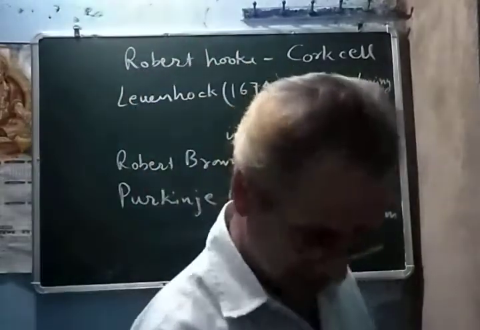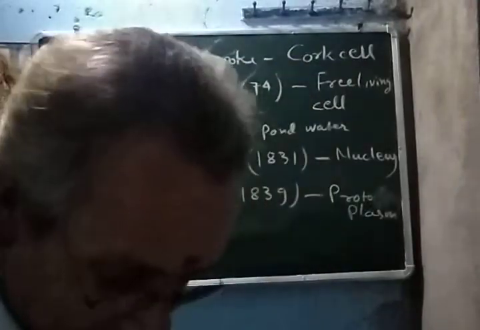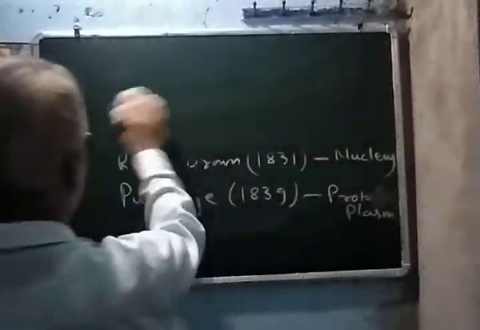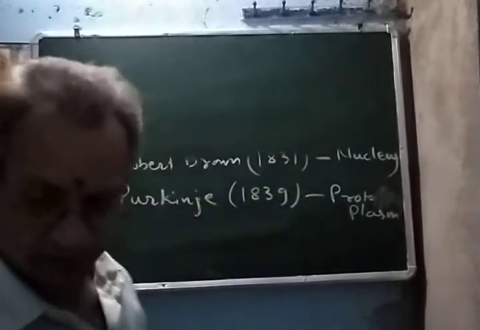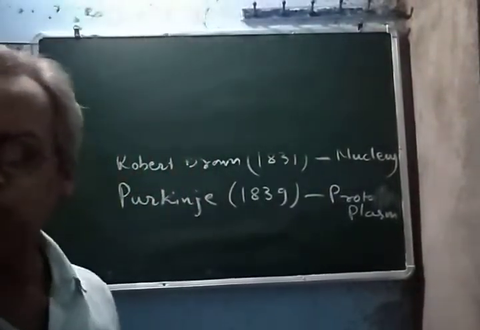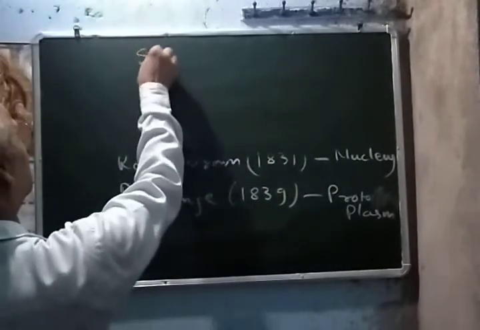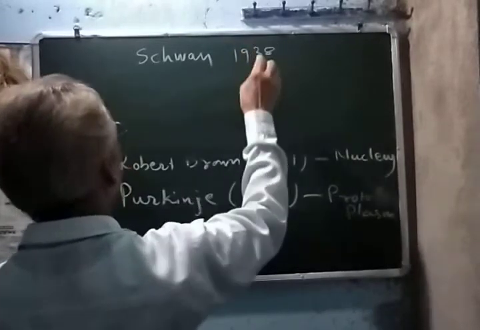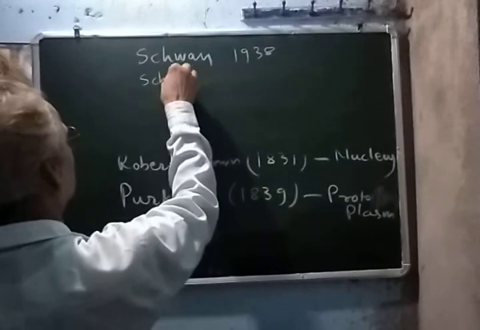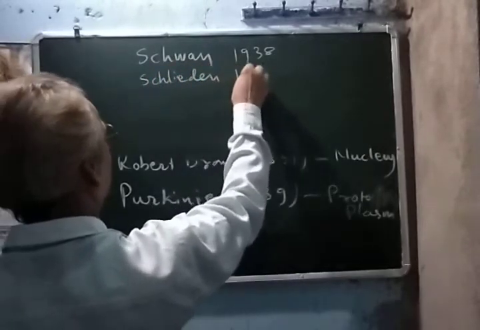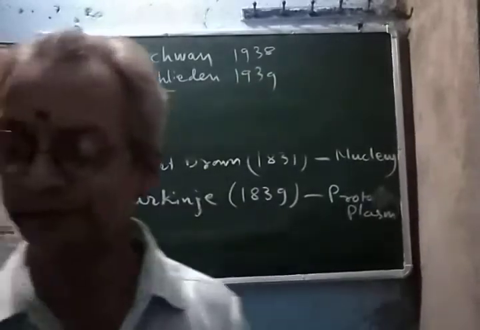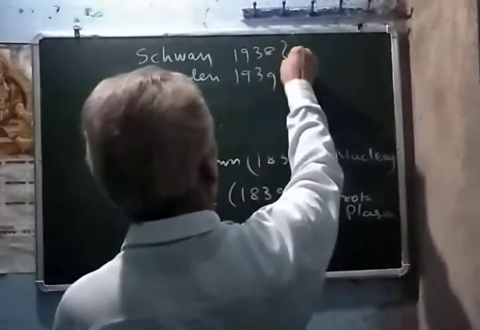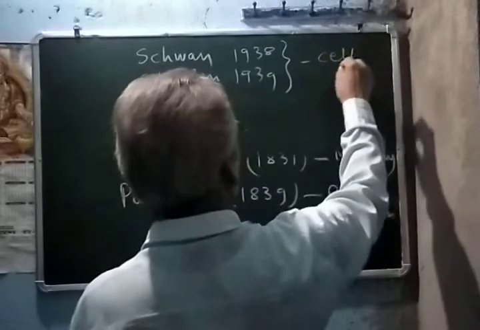Or we can say the cell theory was discovered by Schwann and Schleiden, Schwann in 1839 and Schleiden in 1838.